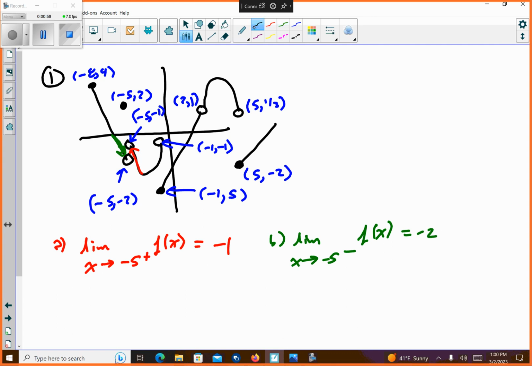So then for letter C, does letter C exist as a limit?